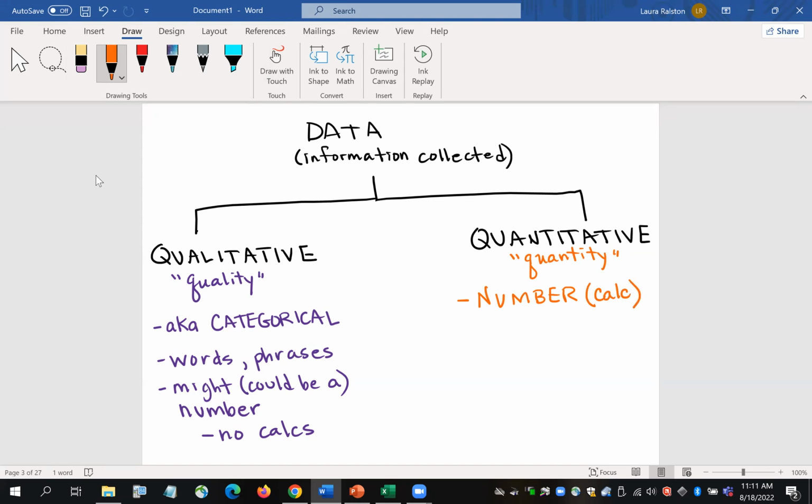So we're looking at things like age, height, weight, blood pressure. Okay, so it's going to be a number. It's typically associated either with some sort of count or with some sort of measurement.